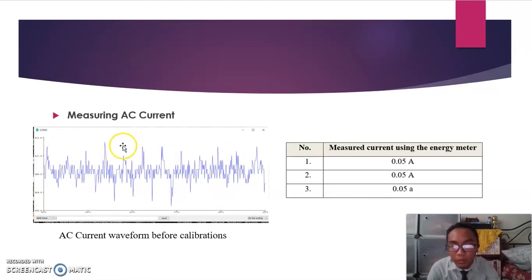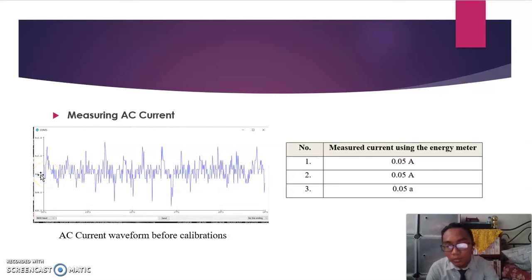Okay, this is the result of the AC current measurement. This is the AC current waveform before we do the calibration. The rough sine waveform shows the current data signal in ADC units.